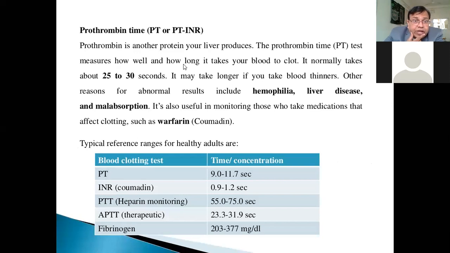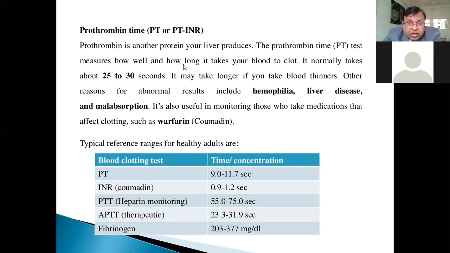The prothrombin time, that is PT or PT-INR. Prothrombin is another protein produced in the liver. The prothrombin time test measures how well and how long it takes your blood to clot. It normally takes 25 to 30 seconds.